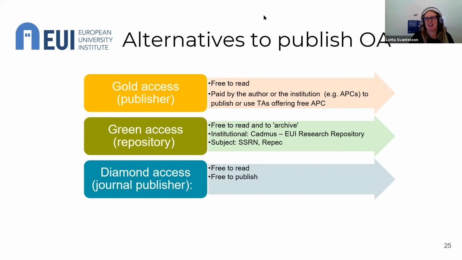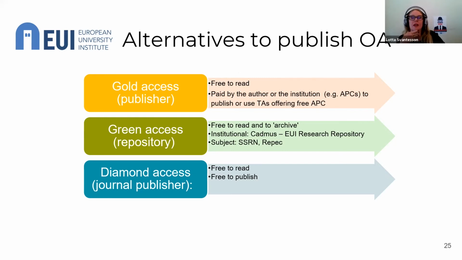So the first way is, of course, offering for everyone the ability to read for free. But usually, as an author, you have to pay for it, either you or your affiliation, or through a funder like ERC or Horizon Europe funding.